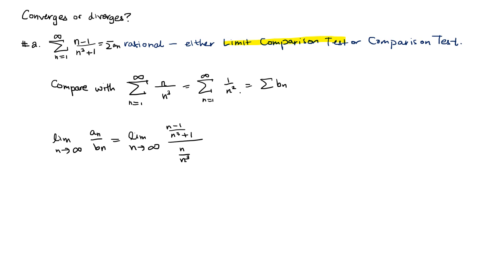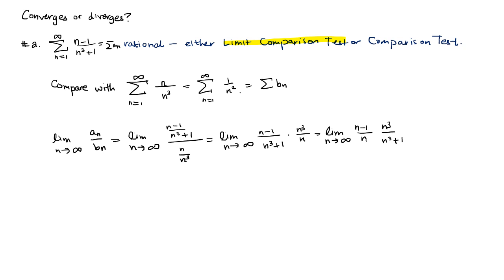Or you could write this as 1 over n squared if you'd like. Okay, we're going to simplify this. So we have n minus 1 over n cubed plus 1 times n cubed over n. And then I'm going to regroup this so that similar terms are grouped together. So I have n minus 1 over n times n cubed over n cubed plus 1.